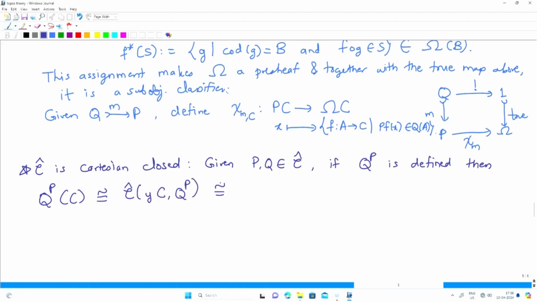And what is this? Thanks to the product and exponential adjunction, that will be the set of natural transformations from the product presheaf Y C cross P to Q. So use this to define Q to the power P. Okay, that's how you define exponentials.